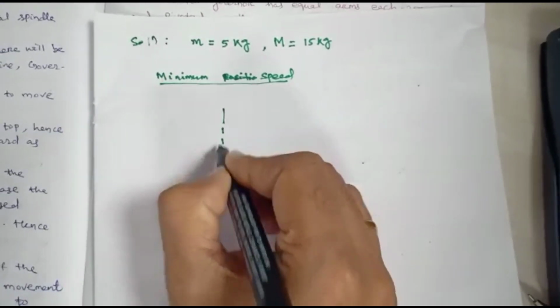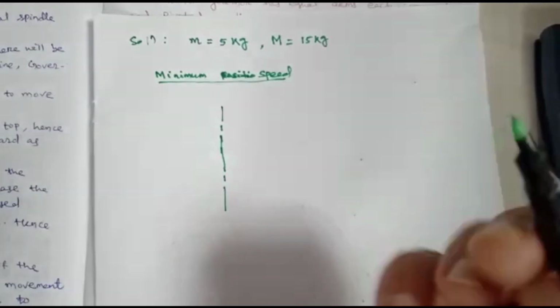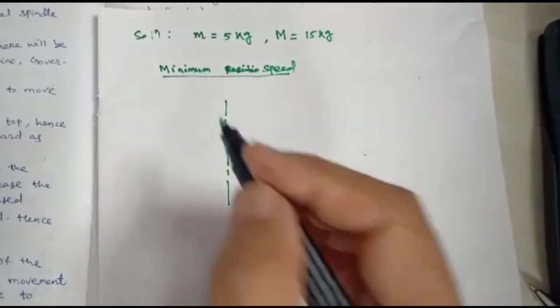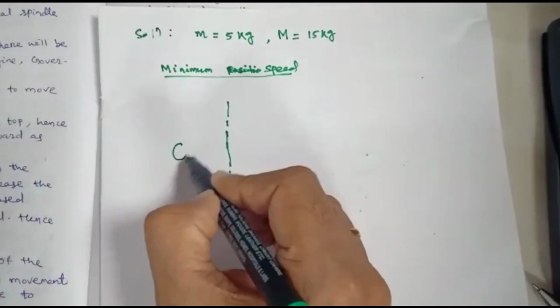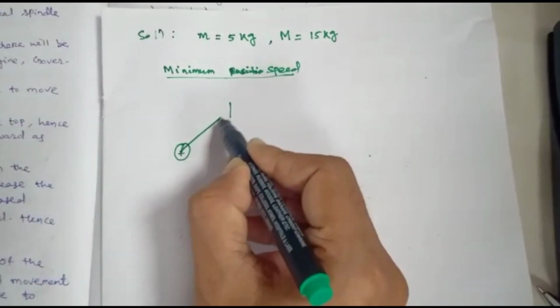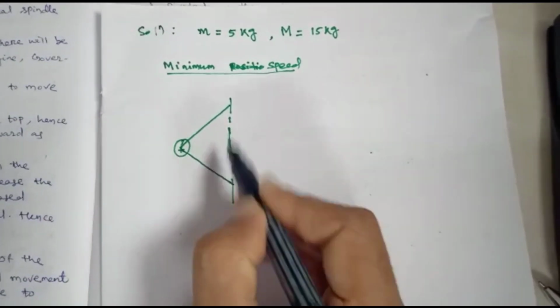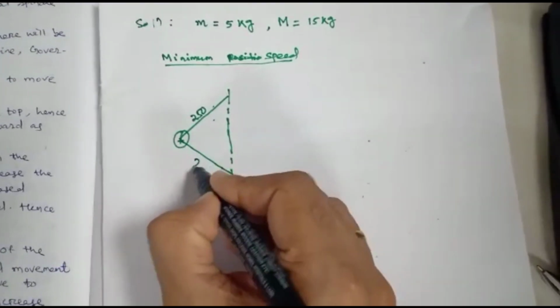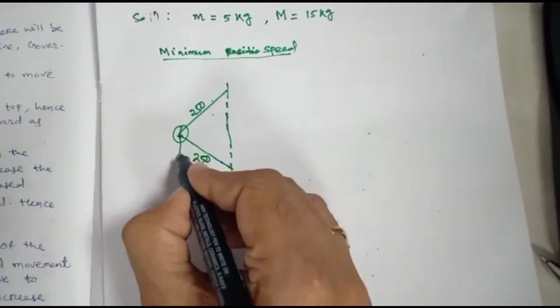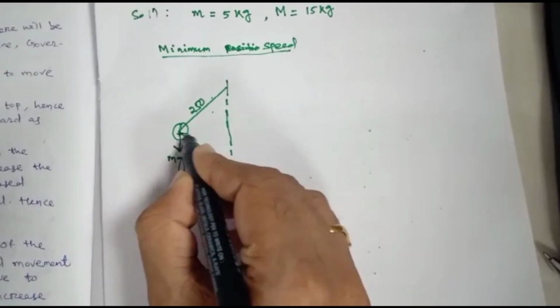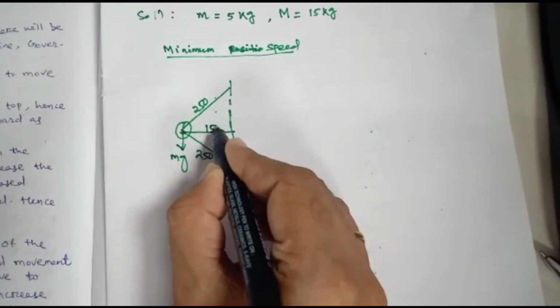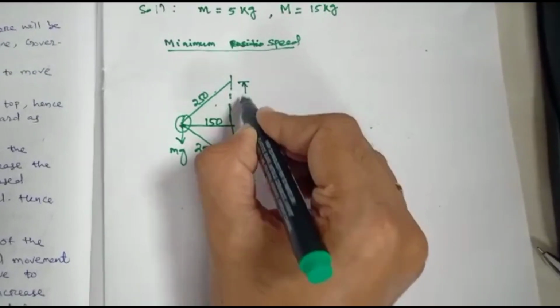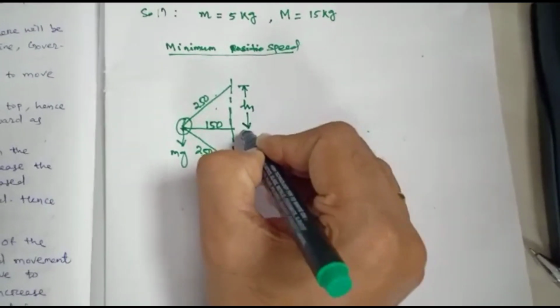Let this be the axis of Porter governor. Here ball is there. This is one arm and this is another arm. Both are same, given 250 mm, 250 mm. Here weight is acting. And the radius of rotation is given 150 mm and this is H1.